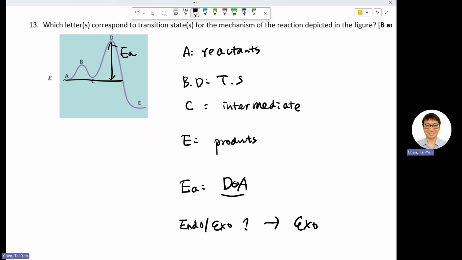Yeah, so how do you calculate the delta H? It's the energy of your product minus the energy of your reactant, right? You can see that your product is lower in energy, right? So a small number minus a bigger number, therefore your delta H is negative. Negative means exothermic.